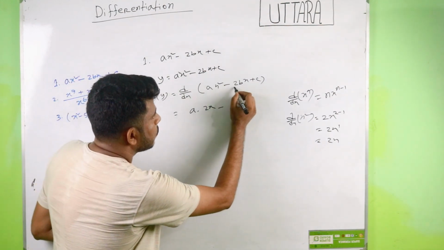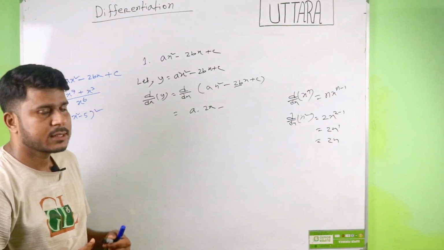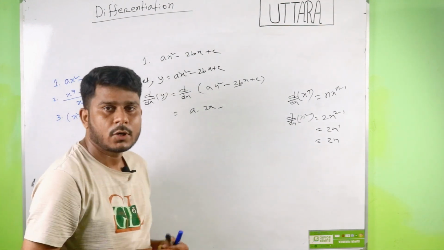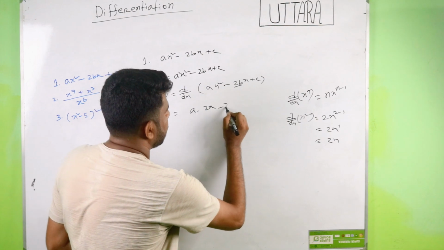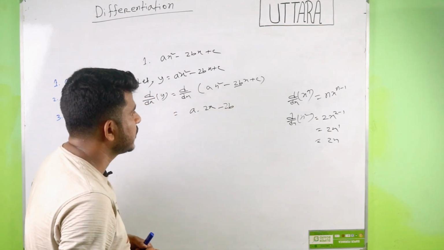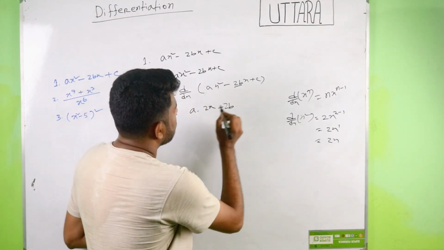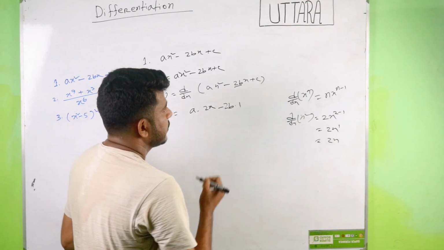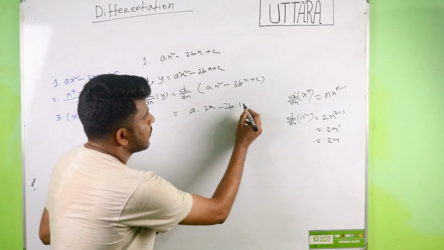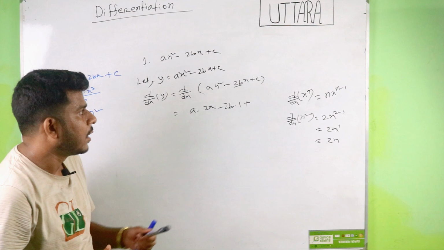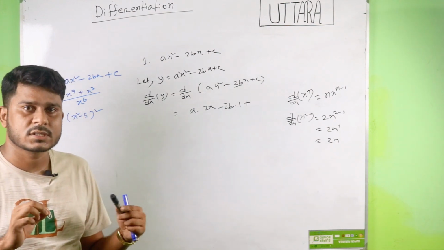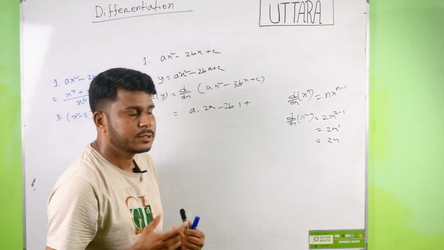Here 2b is a constant and x is the variable. So the constant term is always copied. So 2b, and if we differentiate x with respect to x, we get just 1, and plus c, where c is a constant here. If the constant is alone, it will be 0.